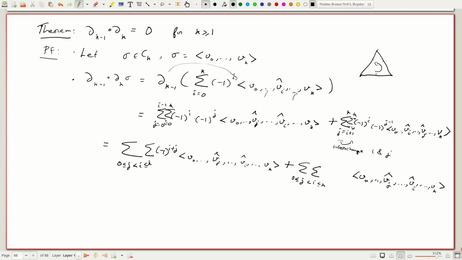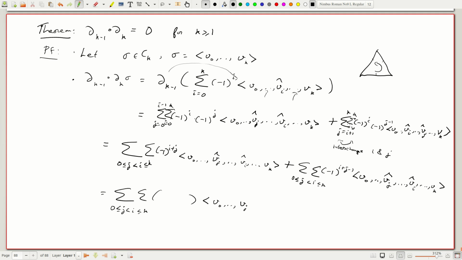Now what has not changed is this is (-1)^i, and j minus 1 has changed, but nevertheless this is i plus j minus 1. Okay, this was (-1)^j, (-1)^(i-1), but since addition is commutative, you can get this. And so of course you see now that you have a double sum, 0 is less than or equal to j is less than i is less than or equal to k of some things times v0.